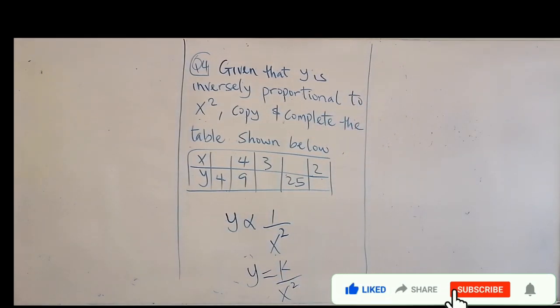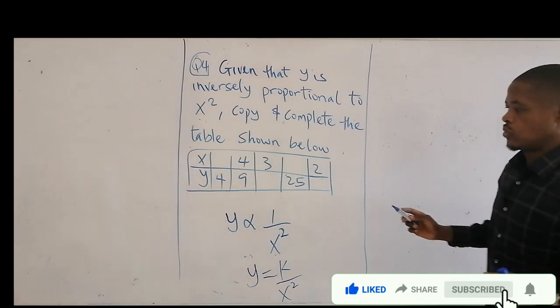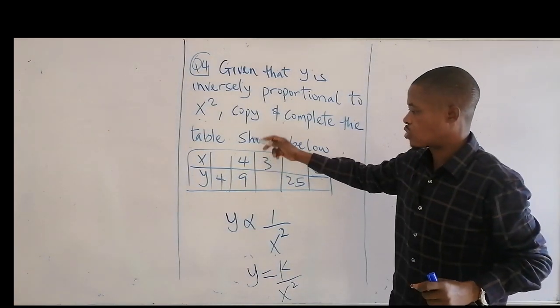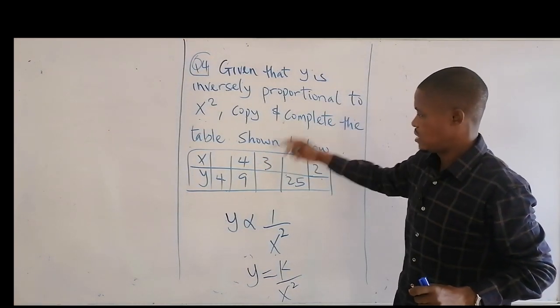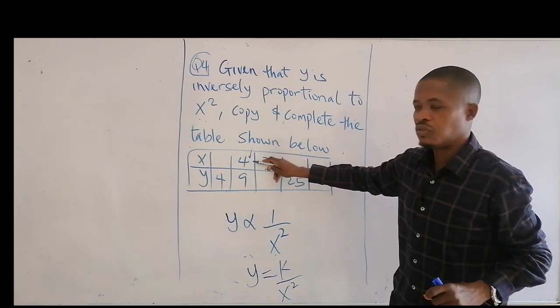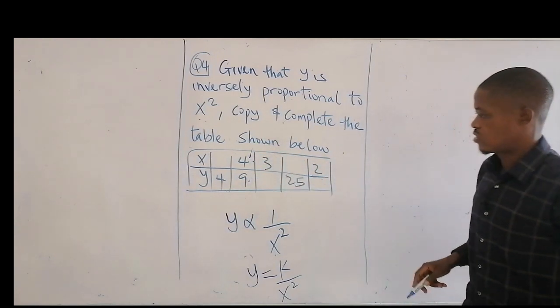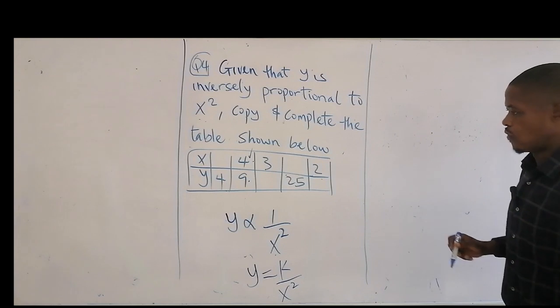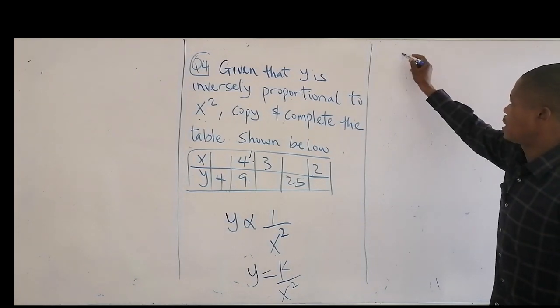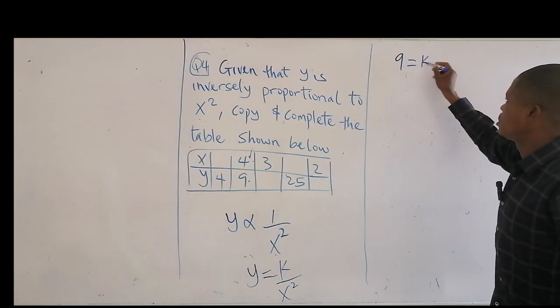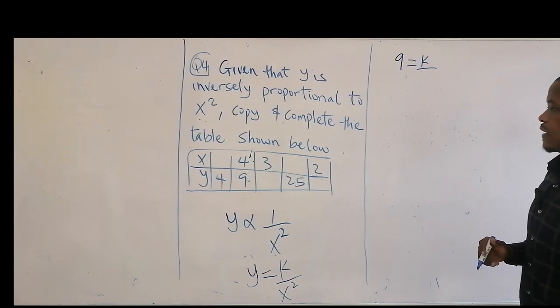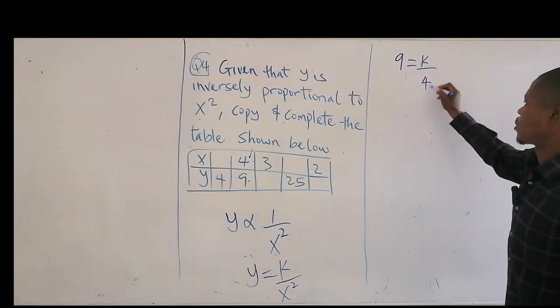So the next thing to do now is to check the table. Which column is complete? Yes, this one is complete. We have the value for this and the value for this. So when x is 4, y is 9. Let's plug in there. That's 9 equals k over 4 squared.